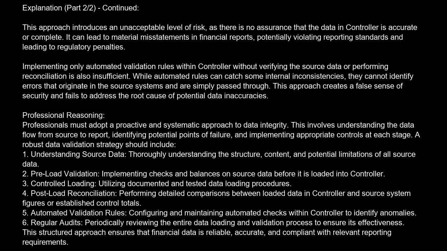Post-load reconciliation, performing detailed comparisons between loaded data in Controller and source system figures or established control totals. 5. Automated validation rules, configuring and maintaining automated checks within Controller to identify anomalies. 6. Regular audits, periodically reviewing the entire data loading and validation process to ensure its effectiveness. This structured approach ensures that financial data is reliable, accurate, and compliant with relevant reporting requirements.